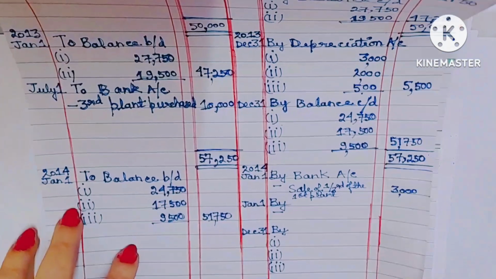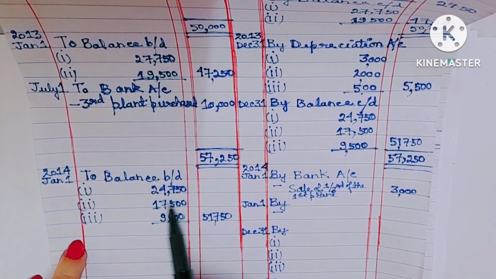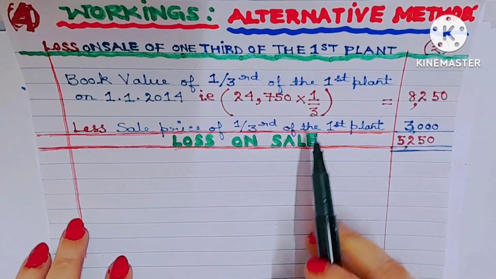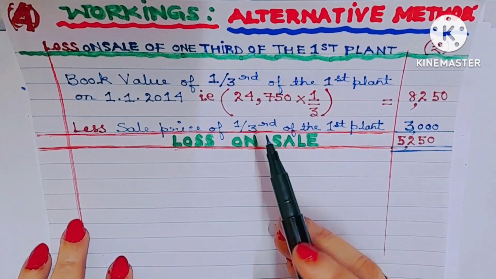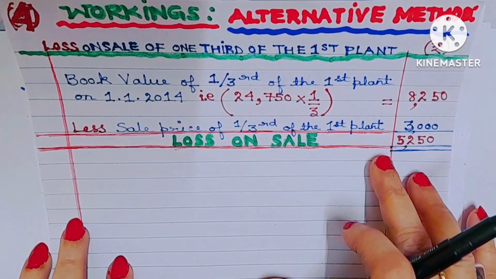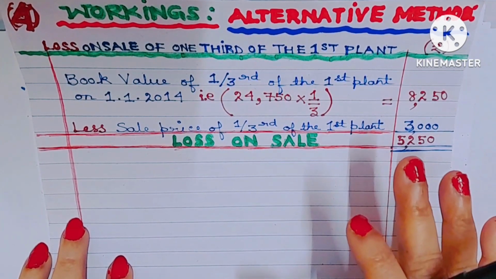Let me show you. 1st January 2014, to balance BD 24,750. Since Baba Limited has sold only 1/3 of the first plant on 1st January 2014, we have to show the book value of 1/3 of the first plant and not the whole book value of the first plant.